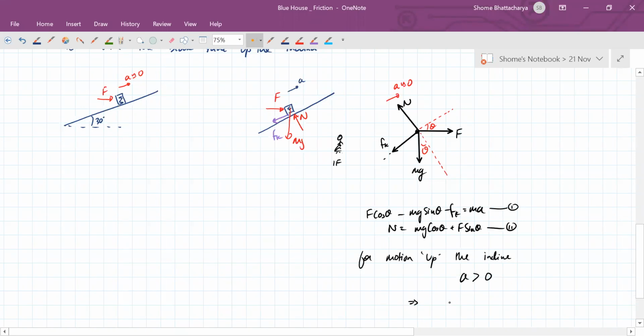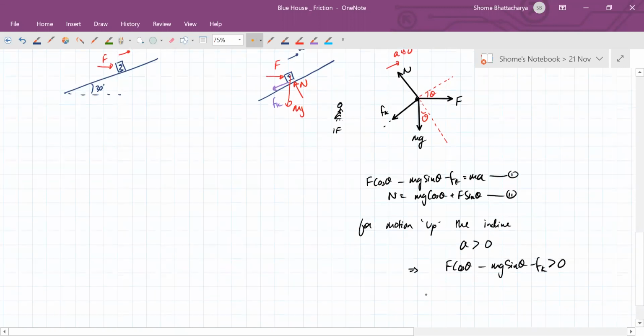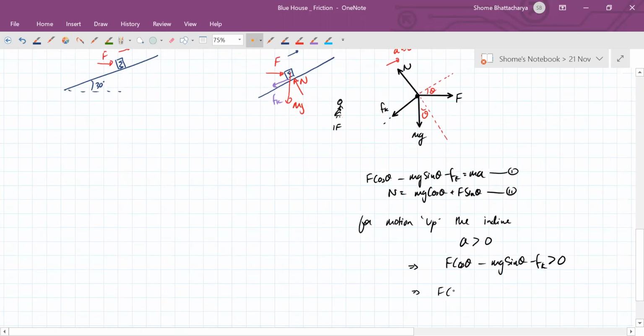So we should be getting F cos theta minus mg sin theta minus kinetic friction as greater than 0. So F cos theta has to exceed mg sin theta plus kinetic friction.